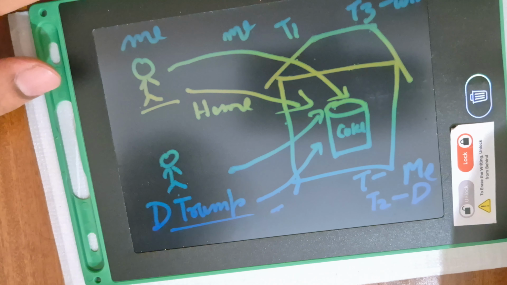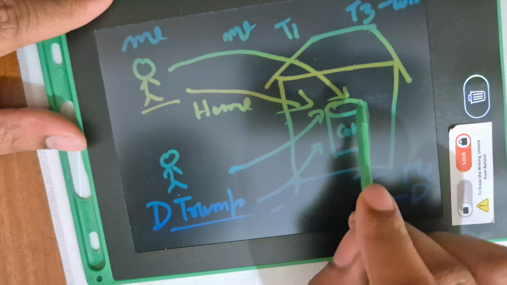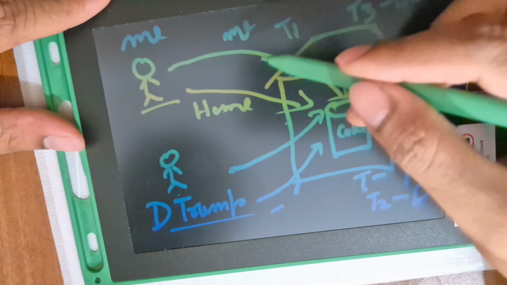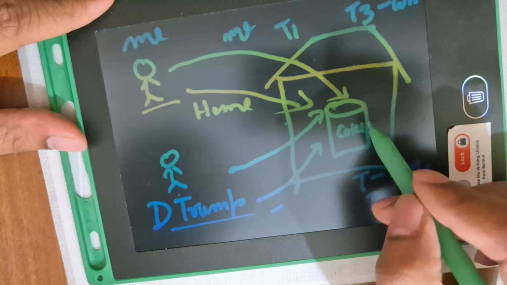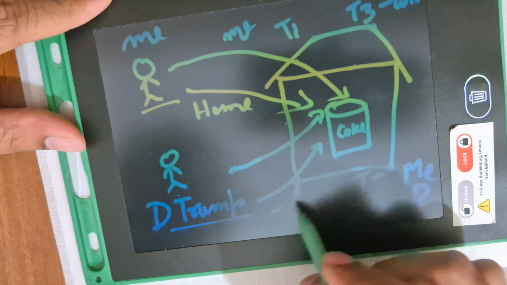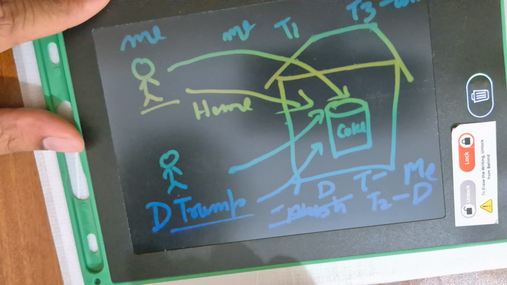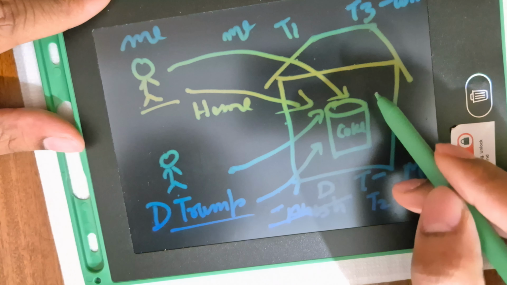Now what happened in this scenario? I told them at T1 to assign this coke to Akash, so it got assigned. Then Donald Trump also told them to assign this coke to Donald Trump, so Akash got replaced by Donald Trump. Then at time T3, Donald Trump added his address for ordering.